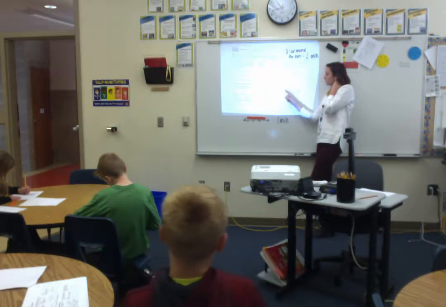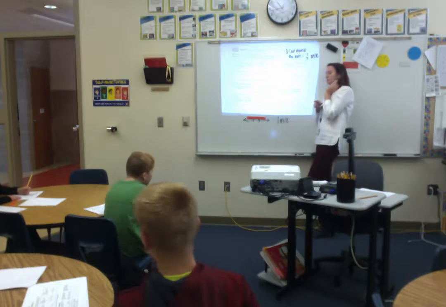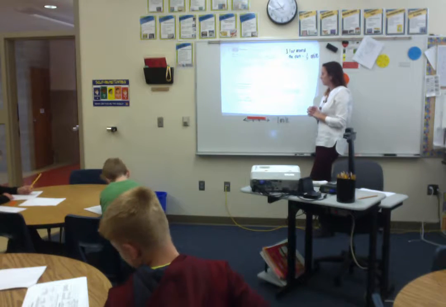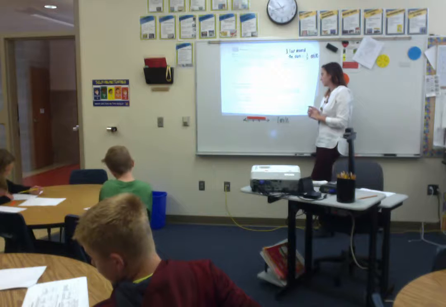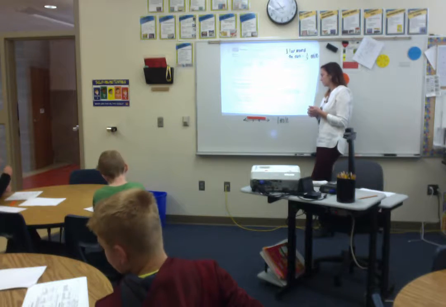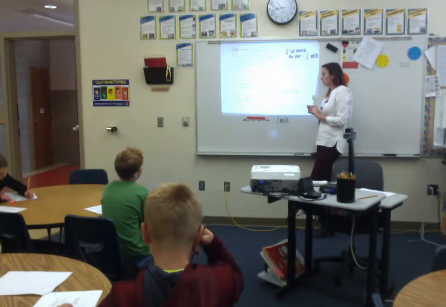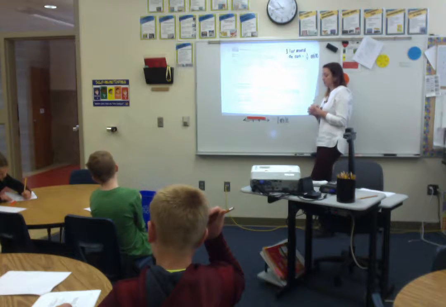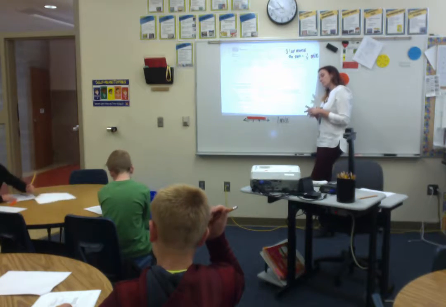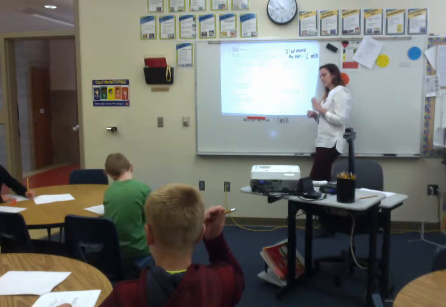Alright, Ryan. Instead of doodling on the bottom of your paper, will you read number 3 for us? Explain how you know the number of times Billy rode around the park to complete 2/3. So how do you know? I don't get the question.